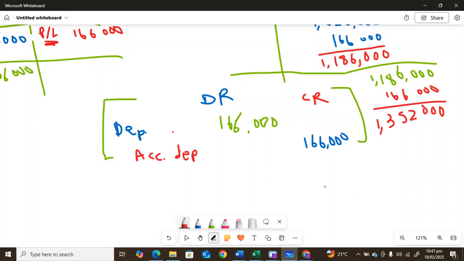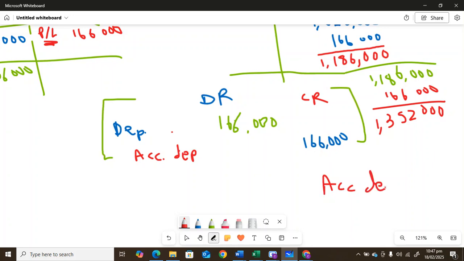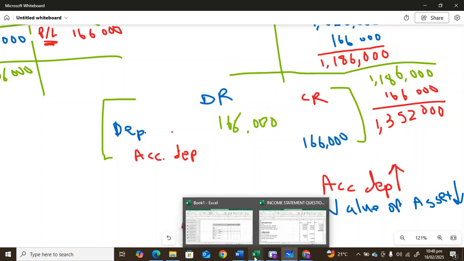As the years go by, accumulated depreciation increases while the value of the asset goes down. That's what's happening here. Any questions?